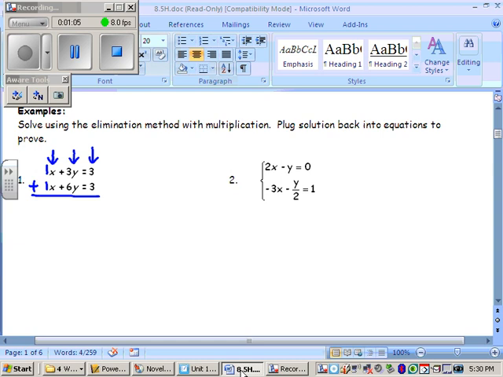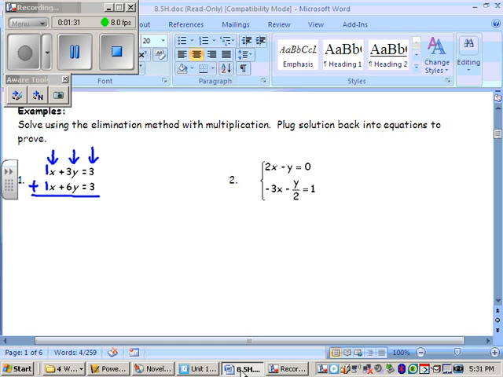So therefore, we cannot eliminate the x. 3 plus 6 is 9 for the y's, so we cannot eliminate the y's. Therefore, we cannot begin the elimination method until we've used multiplication to create opposites either with the x's or the y's to allow us to eliminate one of the two variables.